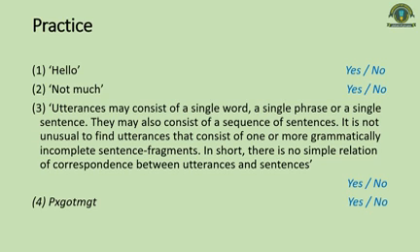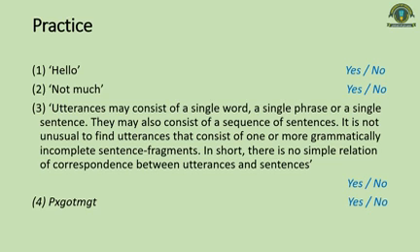Number 2, not much. Number 3, utterances may consist of a single word, a single phrase, or a single sentence. They may also consist of a sequence of sentences. It's not unusual to find utterances that consist of one or more grammatically incomplete sentence fragments.